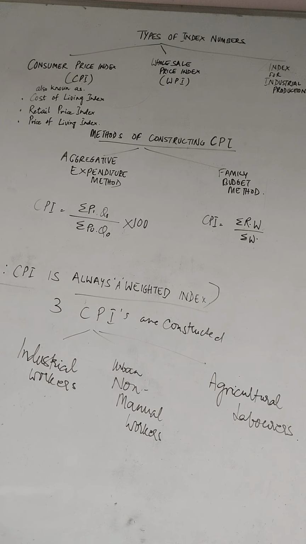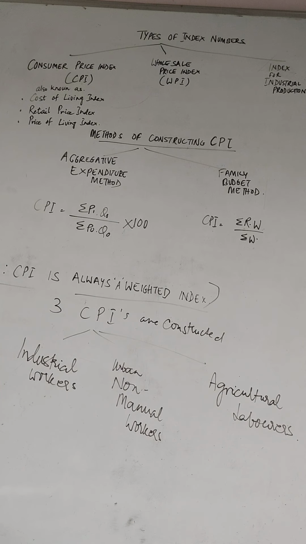They are routinely calculated every month to analyze the impact of changes in the retail price on the cost of living of these 3 broad categories of consumers. The consumer price index for industrial workers and agricultural laborers are published by the Labour Bureau, Shimla, and the Central Statistical Organization publishes the consumer price index number of urban non-manual employees.